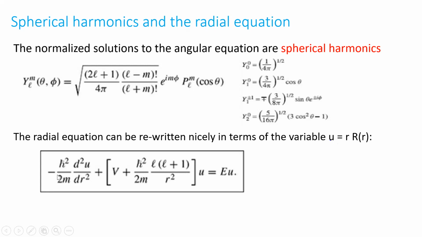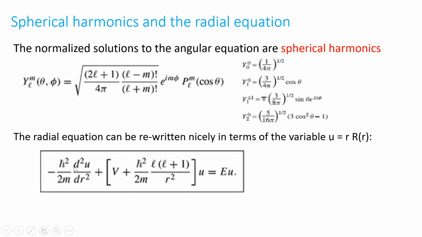When the radial equation, which we saw in the previous slide, is rewritten, it looks like this: minus h bar squared over 2m, second derivative of u with respect to r squared, plus the potential, which is a function of r, plus this term here, which has the L in it, times u is equal to E u.